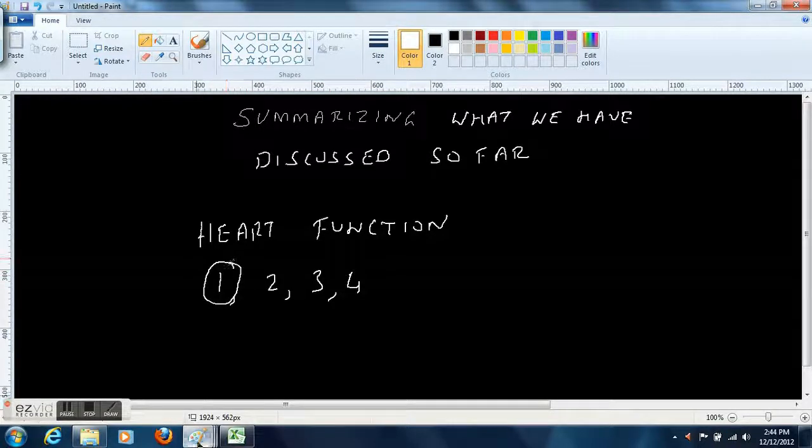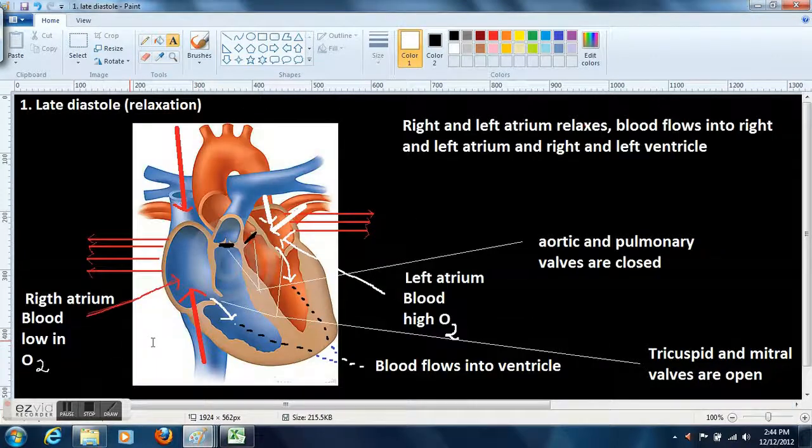Let me start with stage 1, which is also called late diastole, that is relaxation. What happens here? The right and left atrium relax. Blood flows into the right and left atrium and the right and left ventricle.